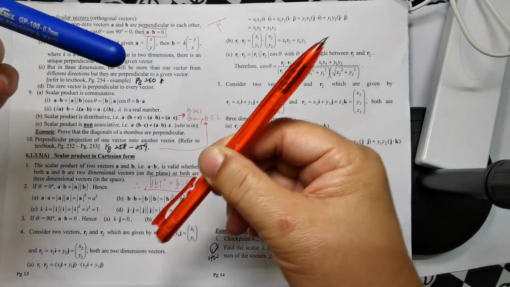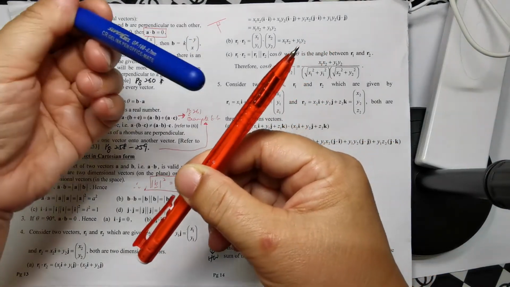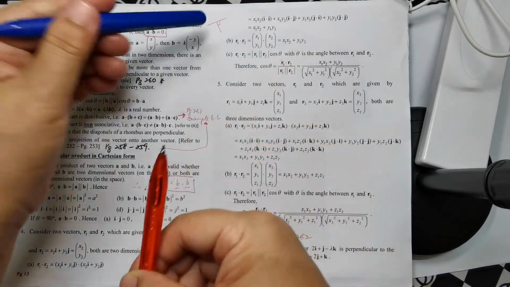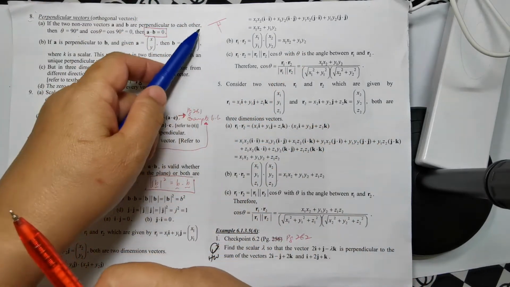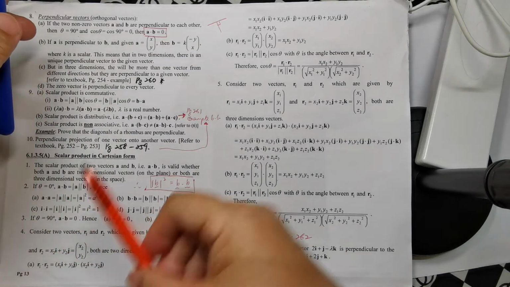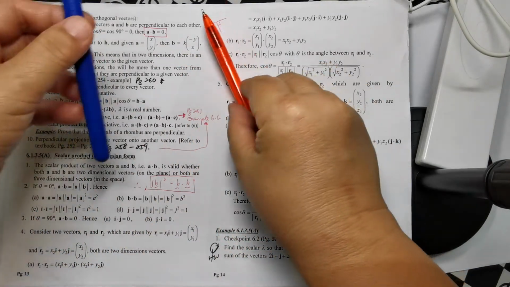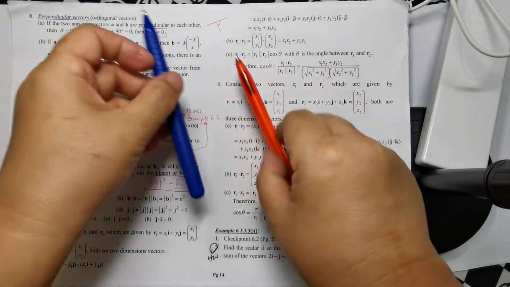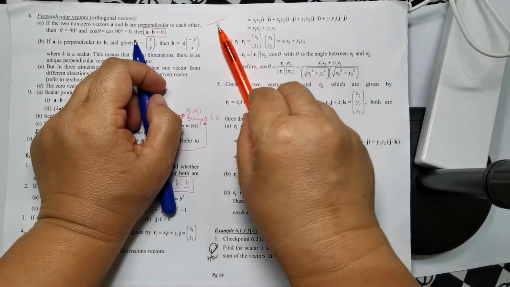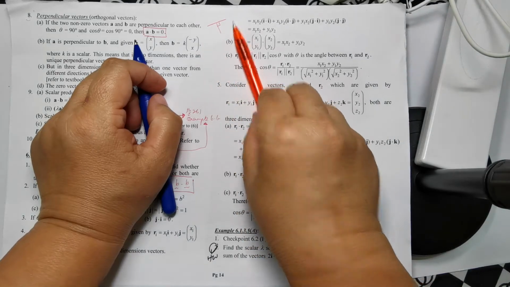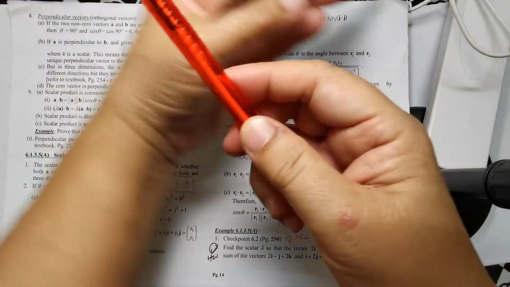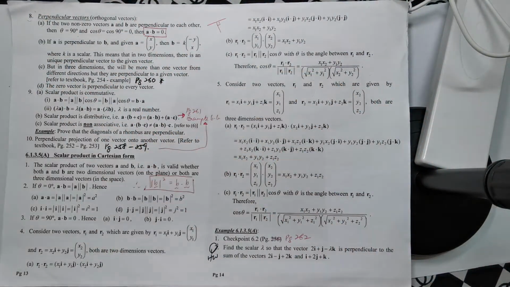In three dimensions, there are many vectors that can be perpendicular to a vector, not like two dimensions, where each vector only has one perpendicular vector from one direction. Of course it can be like this, like this, same direction. But this one is from a different direction, yet they are perpendicular.